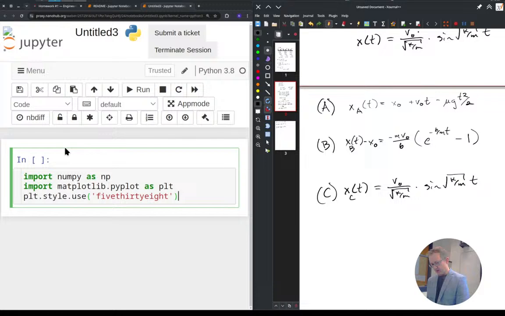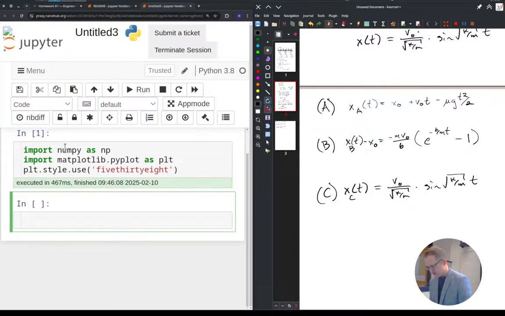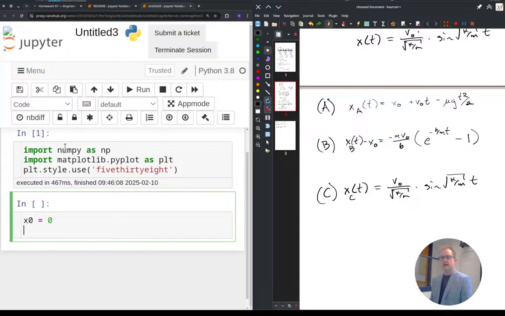So we can see, I usually have NumPy, Matplotlib, and then I like the 538 plot style. So let me set up the things that I need to start. So I know my initial x is 0, my initial velocity, I think that one's 10, right?